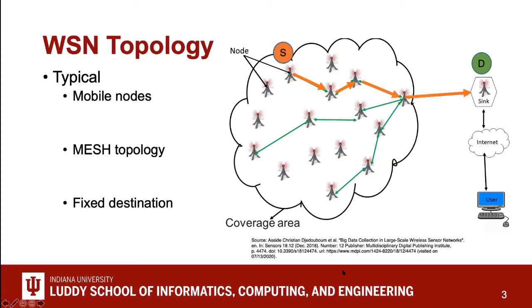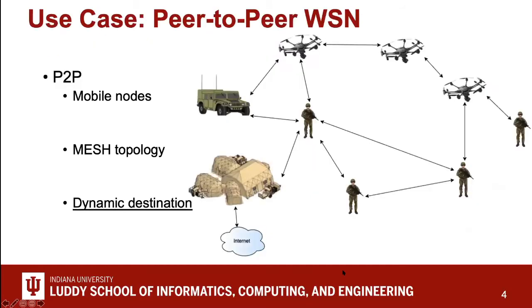As you can see, different sources will have different paths to get to the ultimate destination. But in the end, the destination, the sink, is usually some less constrained node that has more power, usually connected directly to the wired internet, so bandwidth concerns are not as much. But this is a typical pattern we see in wireless sensor networks.